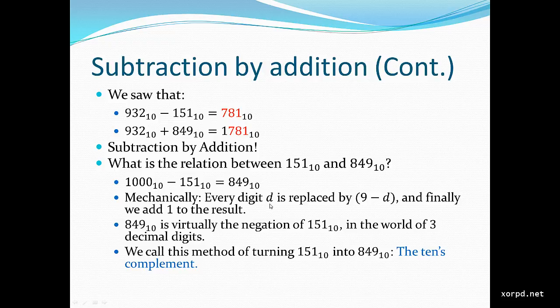Every digit d is replaced by 9 minus d. And finally, we add 1 to the result. Why is that? Because if we just replace every digit by 9 minus d, we get a complement to the number 999, not to the number 1000. In order to get a complement to 1000, we have to add 1 to the final result.